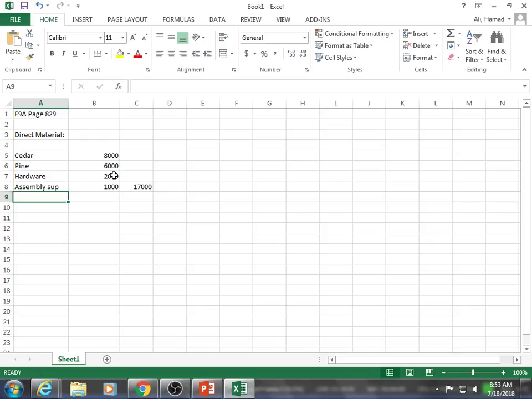Now, direct labor. What kind of labor did they have? Sewing. How much was the sewing? $3,000. What else did they have? Shaping. And how much was the shaping? $2,000. And what else?